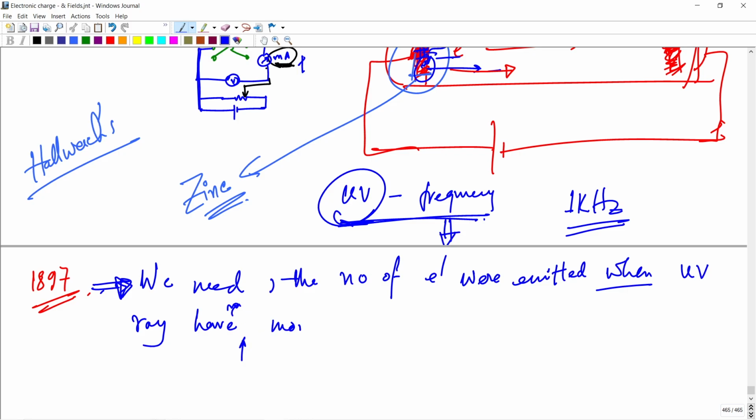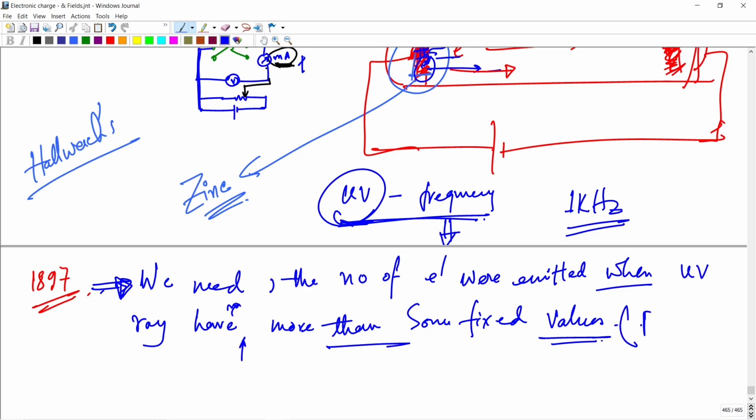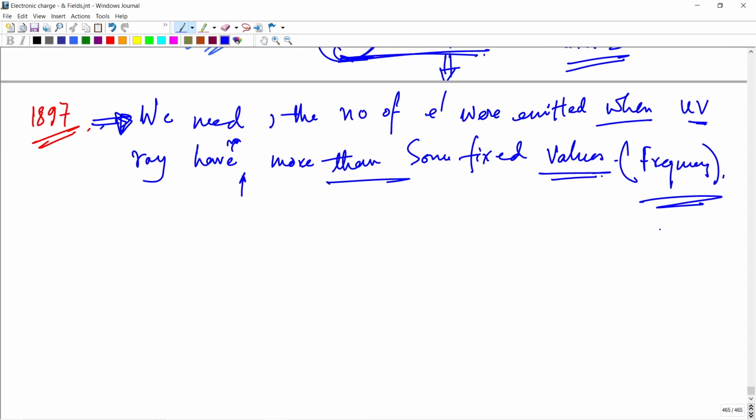This fixed value is a frequency. So if the UV ray has more than some fixed frequency value, this frequency is called the threshold frequency.